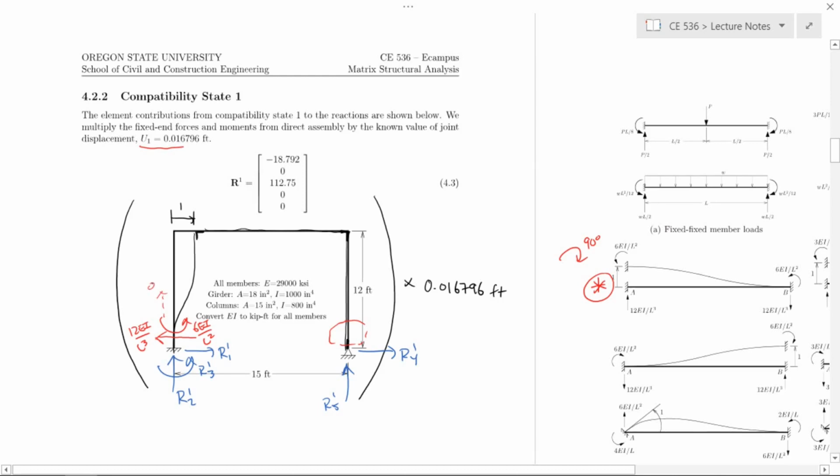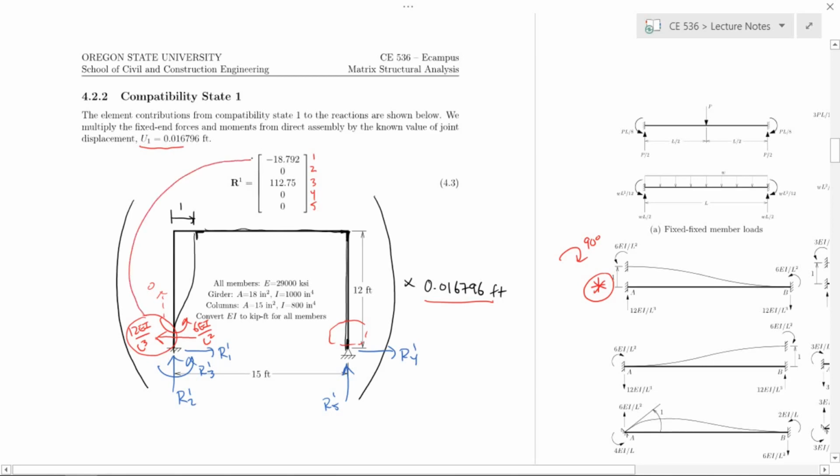Then to find the contributions to the reactions up here, 1, 2, 3, 4, 5: R1,1 is going to be 12 EI over L cubed times 0.061796. The sign will end up being negative because these two arrows are going in opposite directions, and this is a positive displacement.